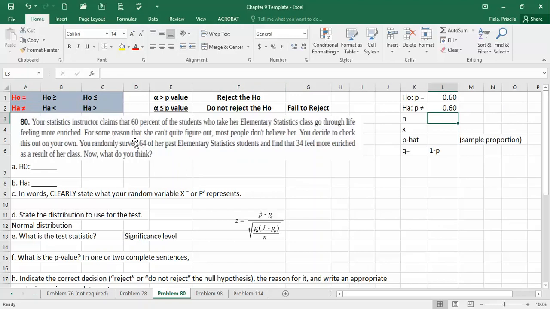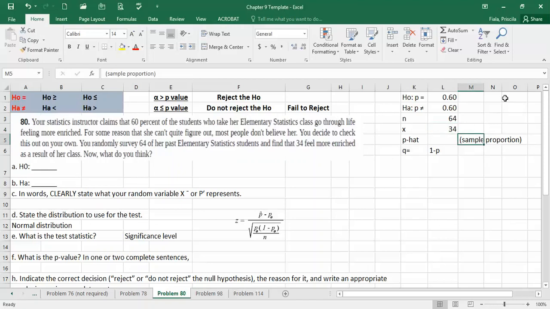And let's continue. For some reason that she cannot quite figure out, most people don't believe her. You decided to check this on your own. So you randomly survey 64 of her past elementary statistics students, and you find out that 34 feel more enriched as a result of her class. Now, what do you think? You have surveyed 64 and 34 actually agree with her.